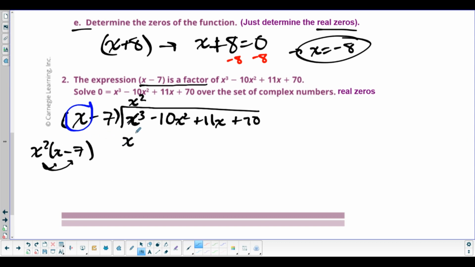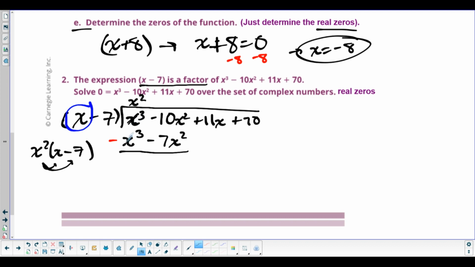X squared times x is x cubed, and x squared times -7 is -7x squared. And now, just like we did in long division, you then subtract this line from the top line, the terms in our polynomial.